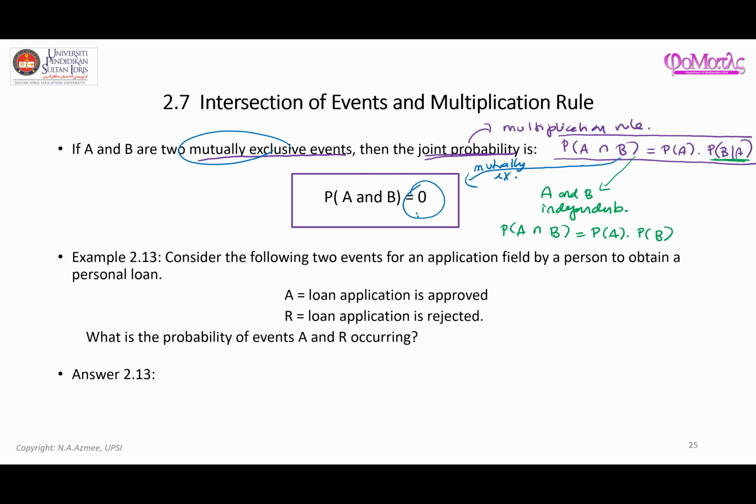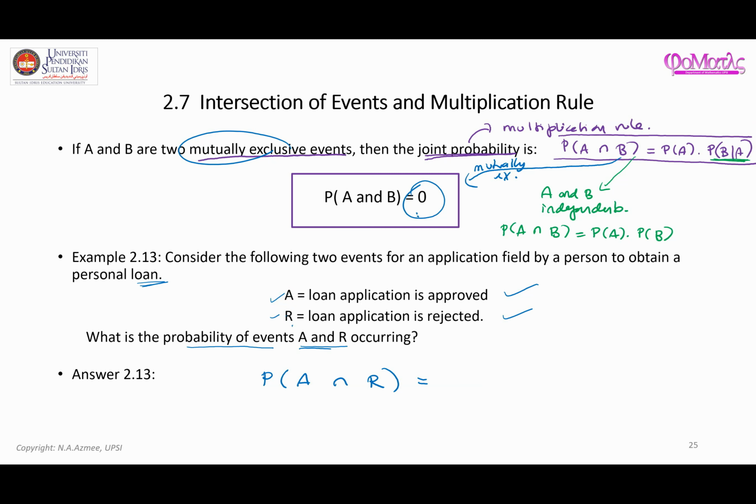So consider the following two events for an application filled by a person to obtain a personal loan. A here is the loan application is approved, R is the loan application is rejected. And the question is asking you to find the probability of events A and R occurring together. So probability A intersect with R. And clearly, the nature of events here are mutually exclusive, because you can imagine there is no way the loan application can be approved and rejected at the same time.